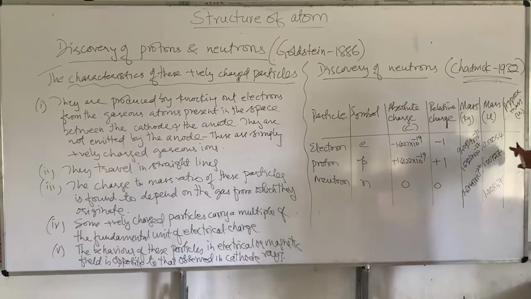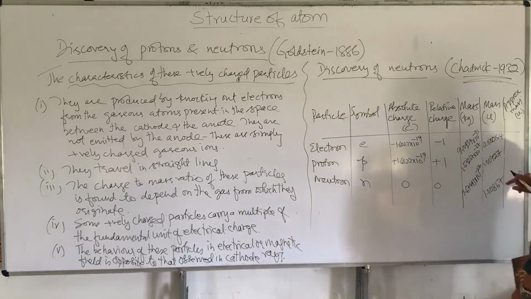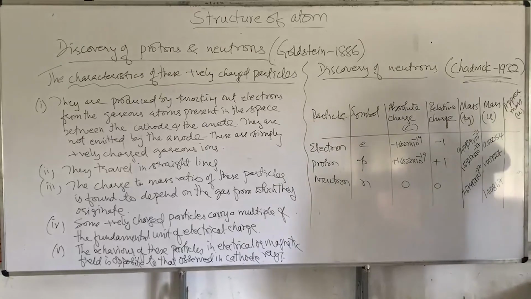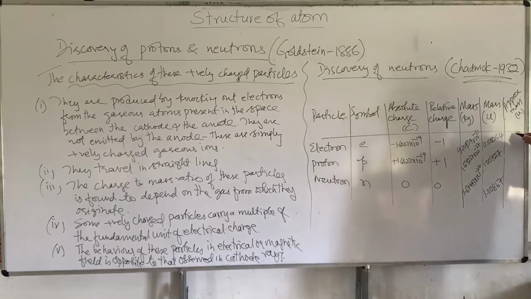So this is much smaller than these two. This is in terms of atomic mass unit, comparing it with 1/12 the mass of an atom of carbon-12. And then the approximate mass in atomic mass unit: the mass of an electron is taken to be 0, that of a proton is taken as 1, and that of a neutron is also taken as 1.